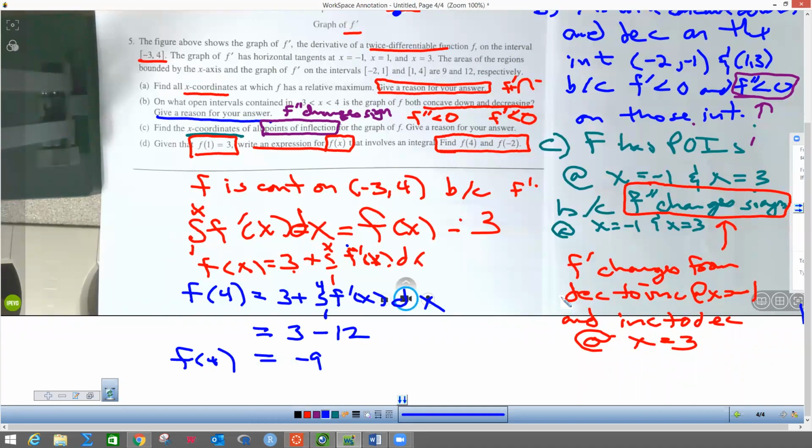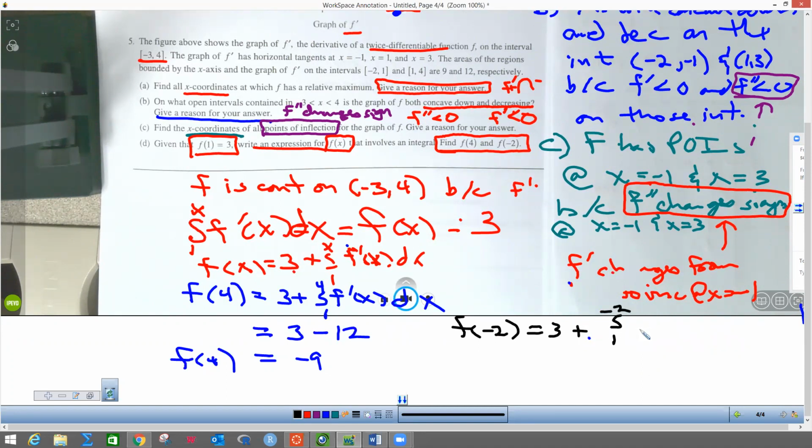Then I'm going to go back and plug in the other one I needed, negative 2. So I'm going to take this thing again, and now I'm finding f of negative 2, which is going to equal 3 plus the integral to negative 2 of f prime of, actually negative 2, but we're just going to leave it x, dx.